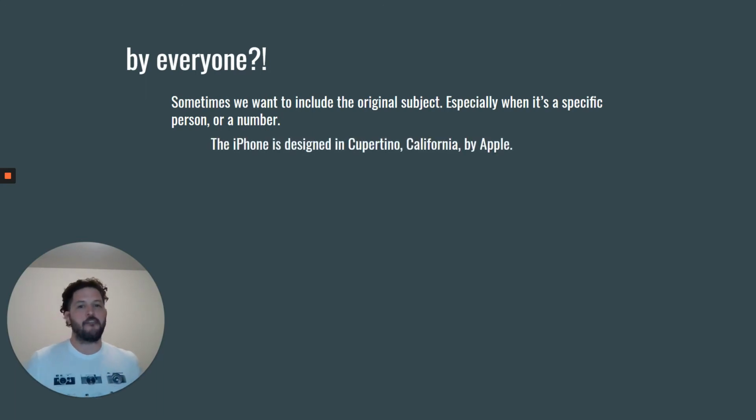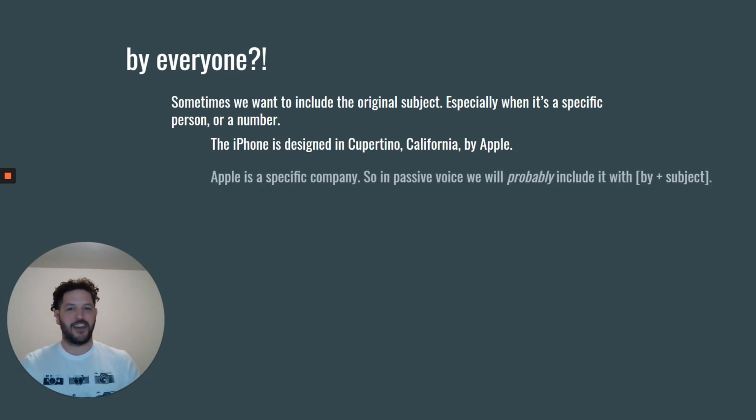Here we go. The iPhone is designed in Cupertino, California by Apple. This is the passive voice. Apple is a specific company, so in the passive voice, we are probably going to include by Apple, because it's a specific company or a specific name, a specific person, something like that.